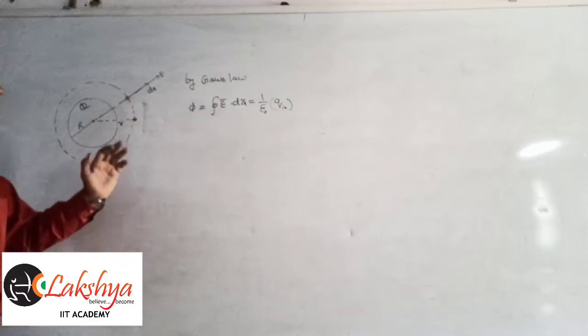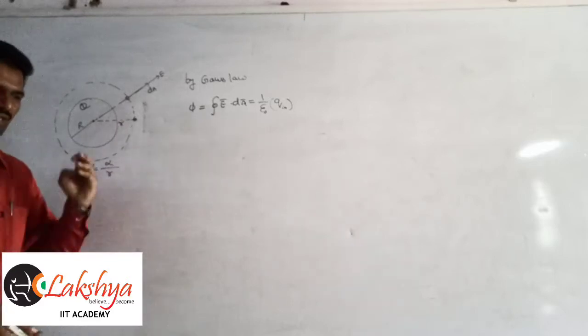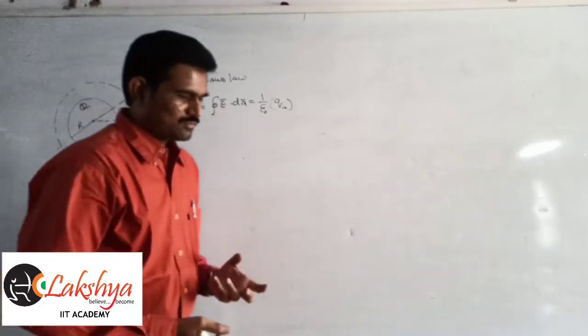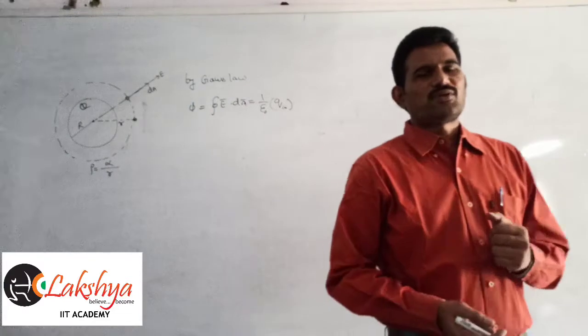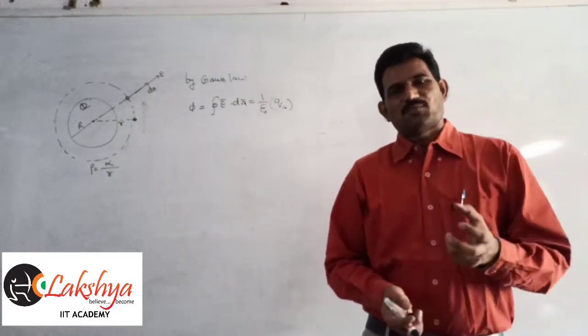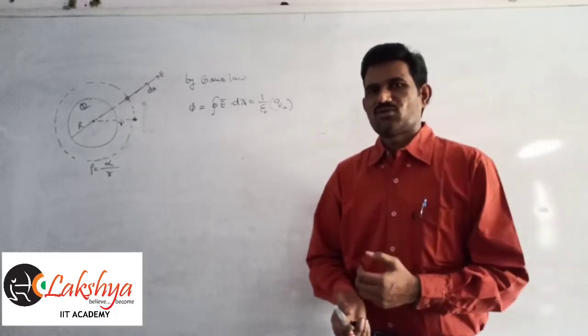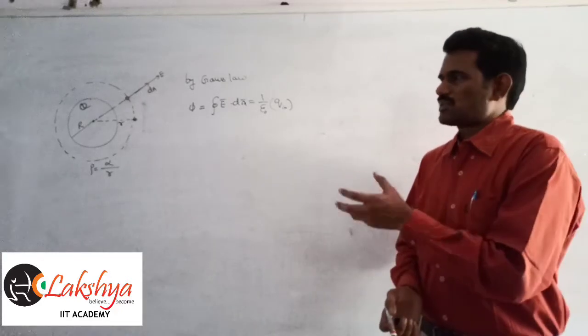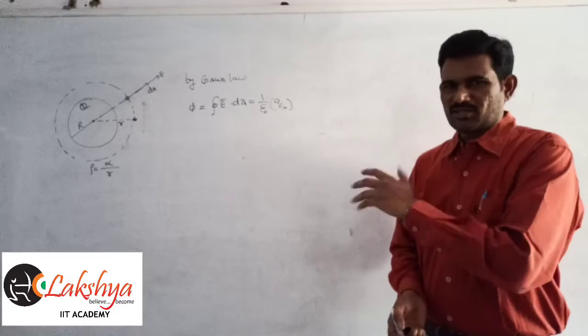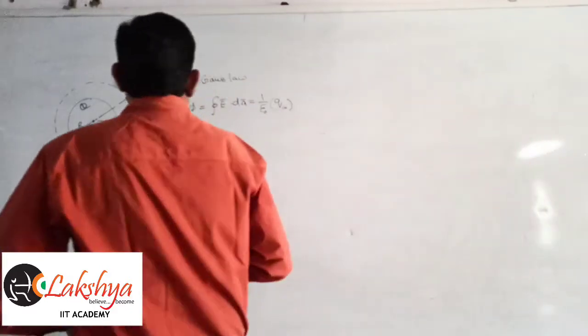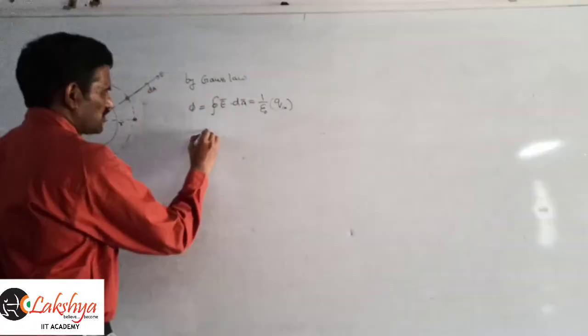For spherical surfaces, generally we will get such a condition. If the Gaussian surface is cylindrical like in our previous derivations, then for some surfaces the flux may be 0, and for some surfaces the flux may be non-zero. But for a spherical surface you will get it like this. So now we can write this side.